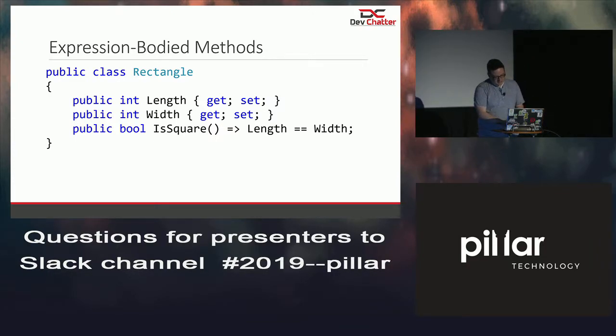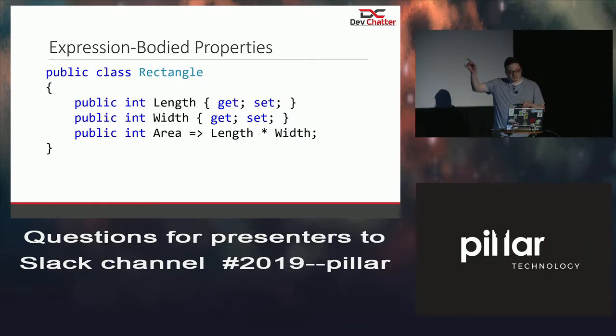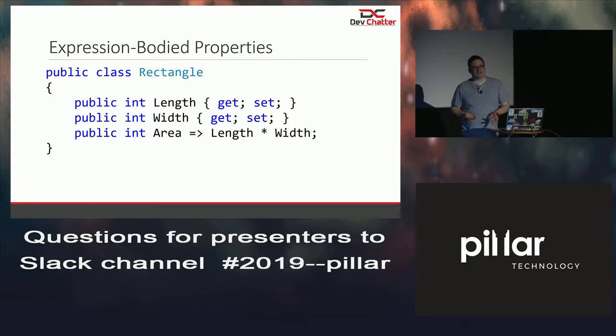If we look at an expression-bodied property, this is a standard property defined with the explanation of what it is. The expression-bodied property does the same thing as the expression-bodied method. Literally, the only difference in this case is whether or not the parentheses exist. Now, obviously, if my expression-bodied method had taken in parameters, it would look different because it would have the parameters, but whether you included them or not is all that differs.